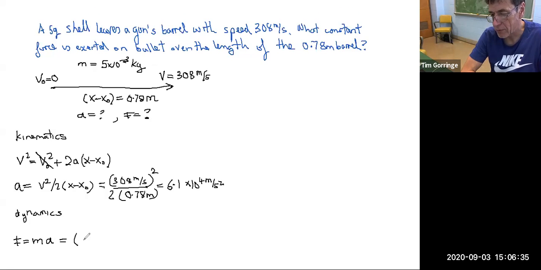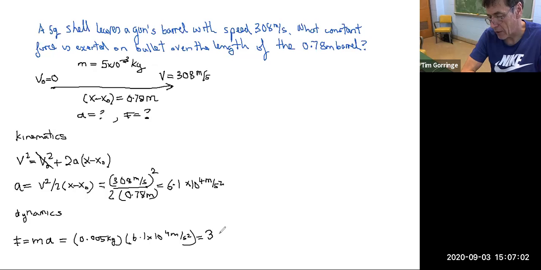We know the mass of the bullet, 0.005 kilograms, and we know the acceleration, 6.1 times 10 to the 4 meters per second squared. And so we can multiply those two numbers to get the force.